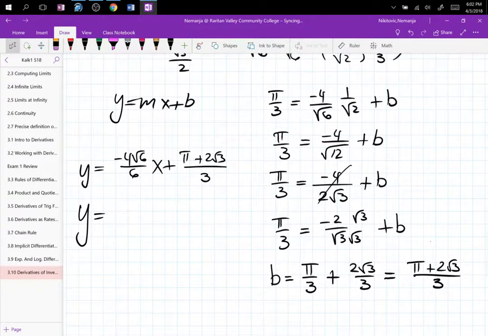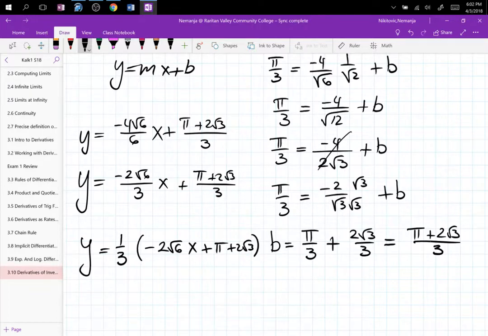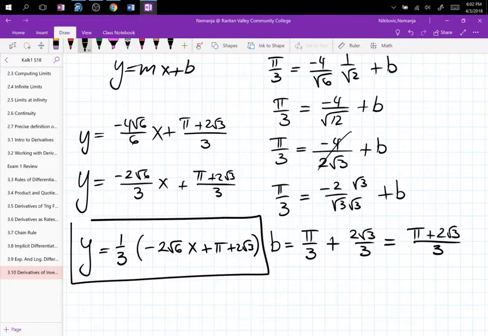So what I'm going to do here is cancel these guys. So I have -2 root 6 over 3 x plus pi plus 2 root 3 over 3. Oh wow, I can kick out 1/3. Nice. So 1/3 times negative 2 root 6 x plus pi plus 2 root 3. And that's the tangent line.